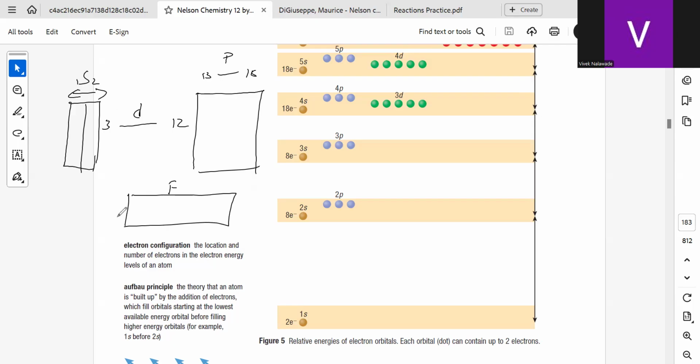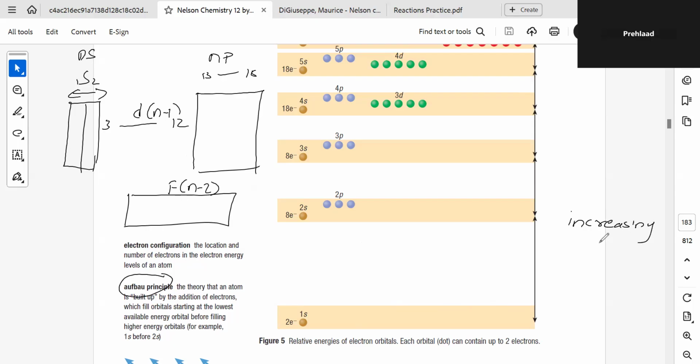In that, I told you that if it is s, we say ns. If it is p, we say np. If it is d, it is n minus 1. And for f, it is n minus 2. So that concept is actually part of Aufbau's principle, which states that electrons are filled in the orbitals in increasing energy.